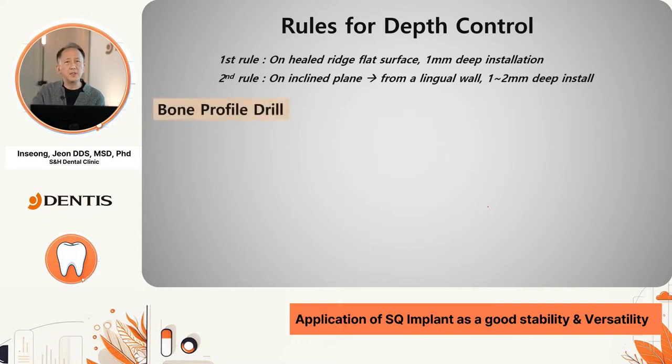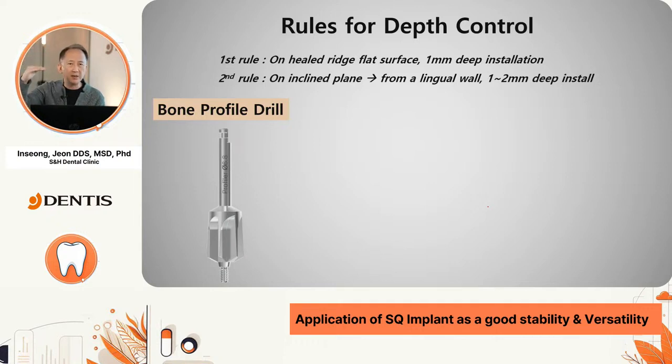For a deep placement, sometimes you have to use the bone profile drill. This bone profile drill is very, very important. Ten years ago, I lectured on depth control, marginal bone 0.5 millimeter or 1 millimeter deeper. But nowadays, that has changed. Your implant depth should be 2 millimeter deeper. And for immediate placement, 3 to 4 millimeter deeper from the lingual wall.